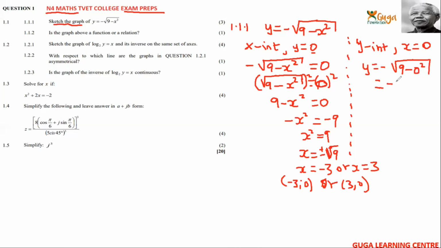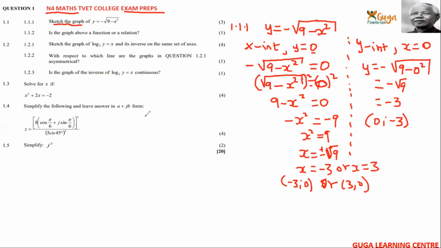So you've got negative of root of 9, which is equals to, root of 9 is 3, yeah. So here we're going to get negative 3. So the point here is 0, negative 3, right?